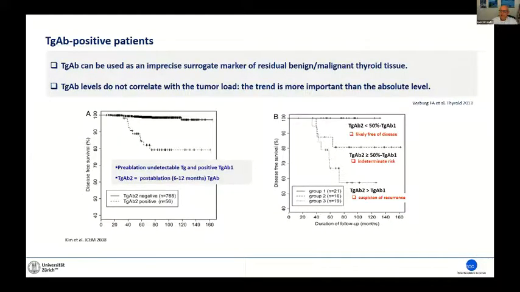For example, vaccination may transiently increase thyroglobulin antibodies. And so it is important to take into account these factors when approaching a patient with an increase in thyroglobulin antibodies before entering more detailed imaging and so on.